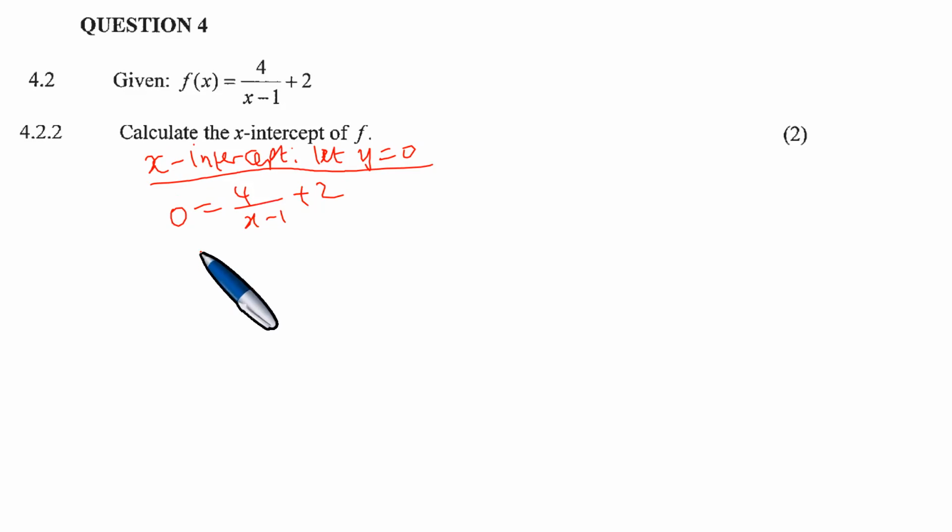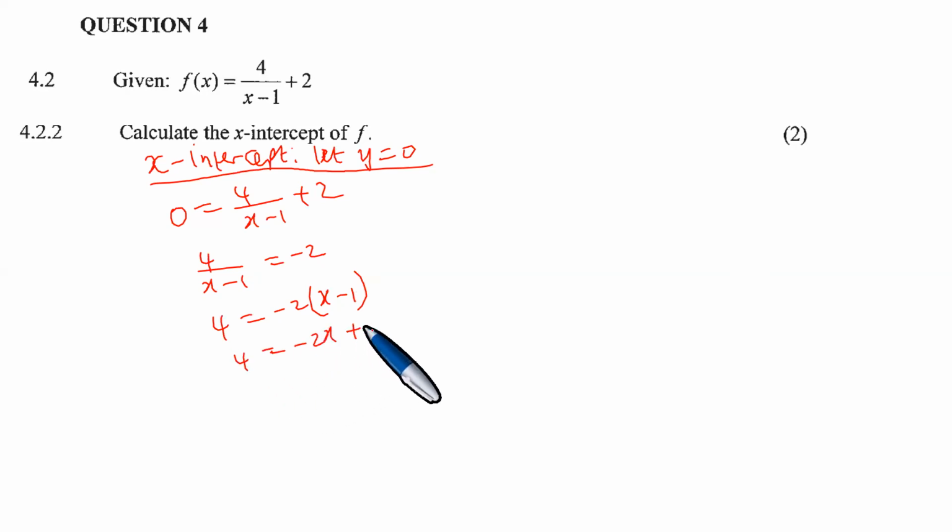Then you have x minus 1 equals minus 2. You cross multiply here, which means minus 2 into x minus 1, which means 4 into minus 2x plus 2, which means that you have 4 minus 2 equals minus 2x. What is 4 minus 2? It's exactly 2 equals minus 2x.